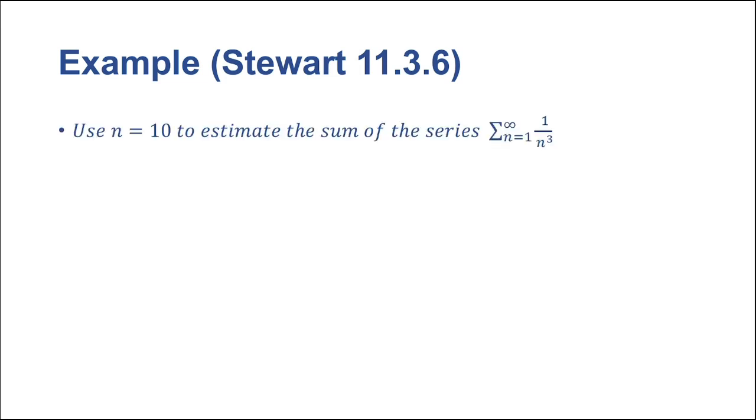Something interesting, I guess. Anyways, we are going to use n equals 10 to estimate the sum of the series from n equals 1 to infinity of 1 over n cubed. We can determine that this is a general rational function with no transformations.